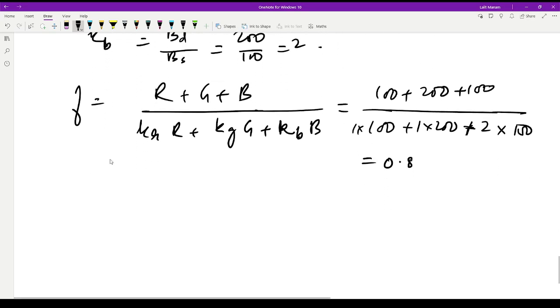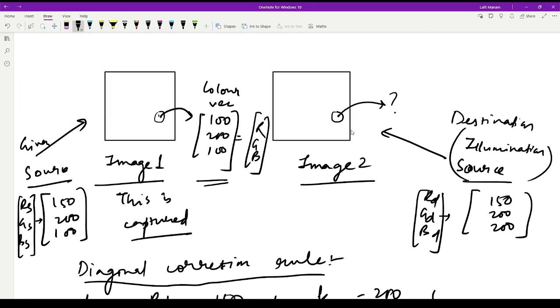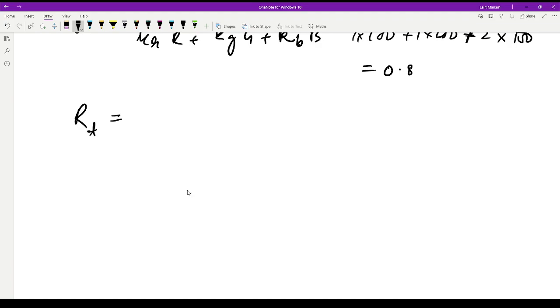Given that we have this, now we can go to the transformed color, which I will write as RT, GT, and BT. Given that we have these three destination colors, what should it be?